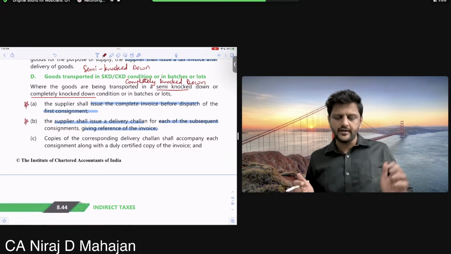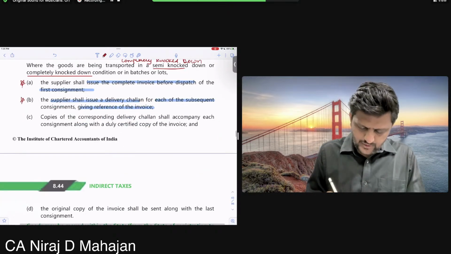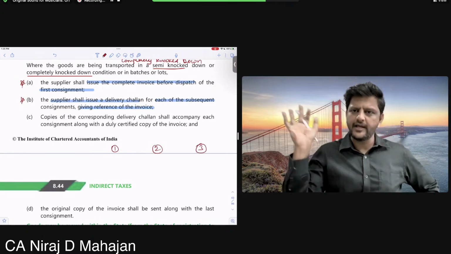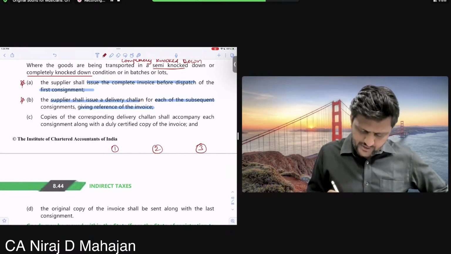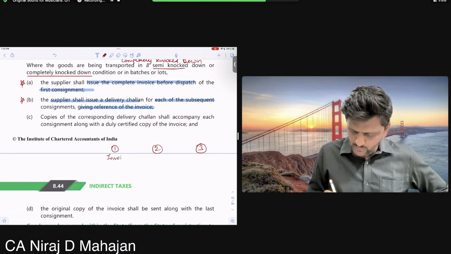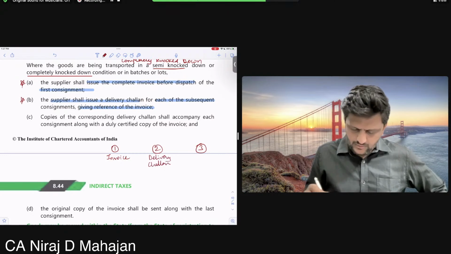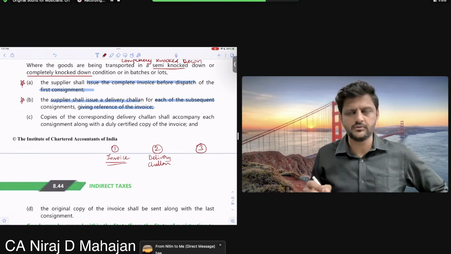The goods are getting delivered, let us say, in 3 vehicles. First vehicle, second vehicle, third vehicle, on separate days also, we don't care. Invoice is issued with the first one. Here, delivery challan. This invoice has all the entire goods details.